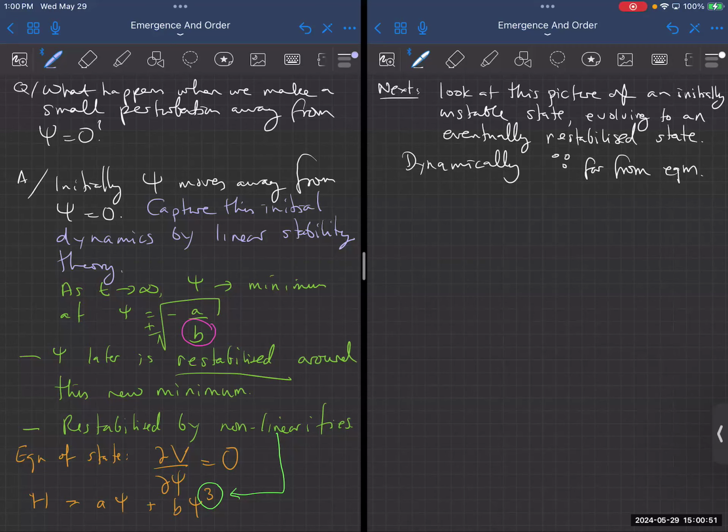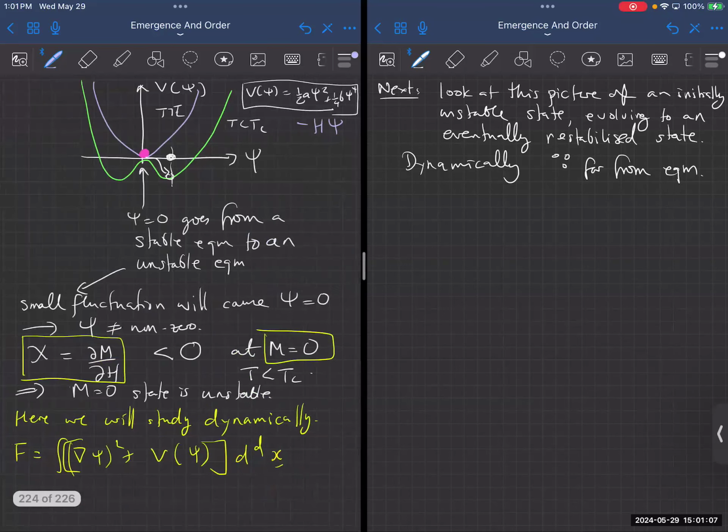Maybe just a clarification about this quartic term. I'm looking at it as this state travels down from the linear instability. Are we already assuming that it's going to overshoot and oscillate? We're agnostic about that.